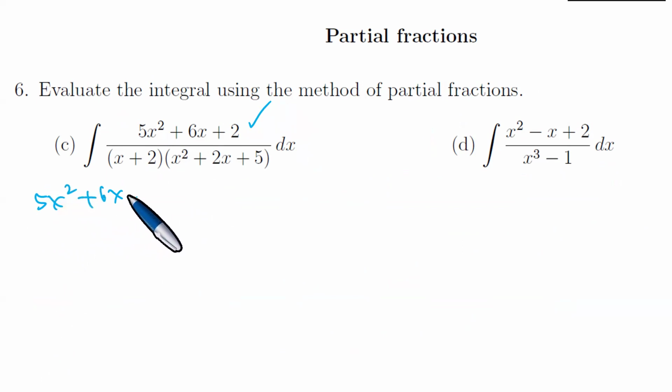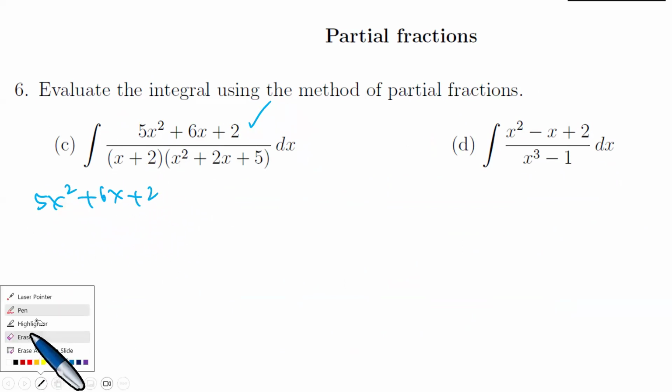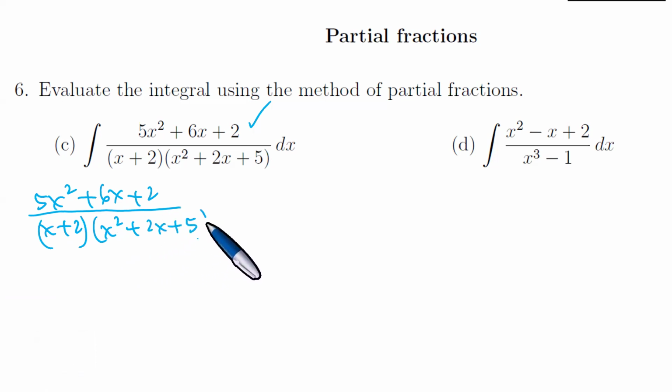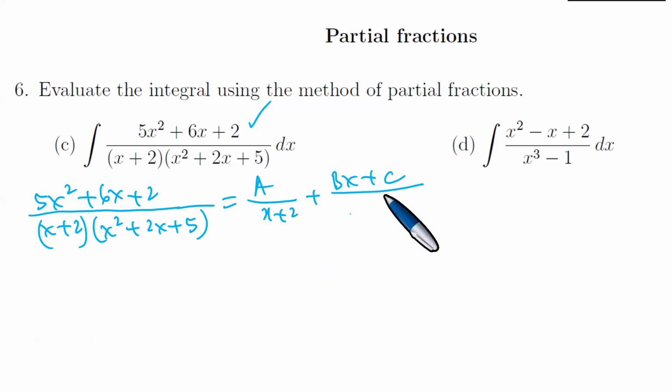5x squared with x plus 2, which is x plus 2, plus 5, which is a over x plus 2, plus bx plus c over x squared plus 2x plus 5.